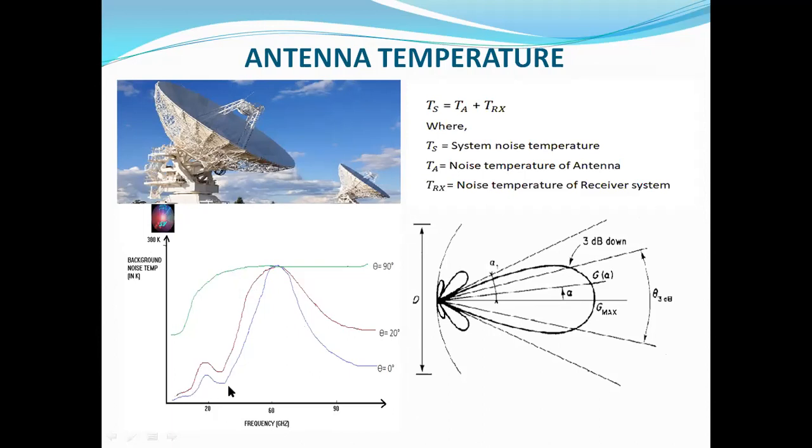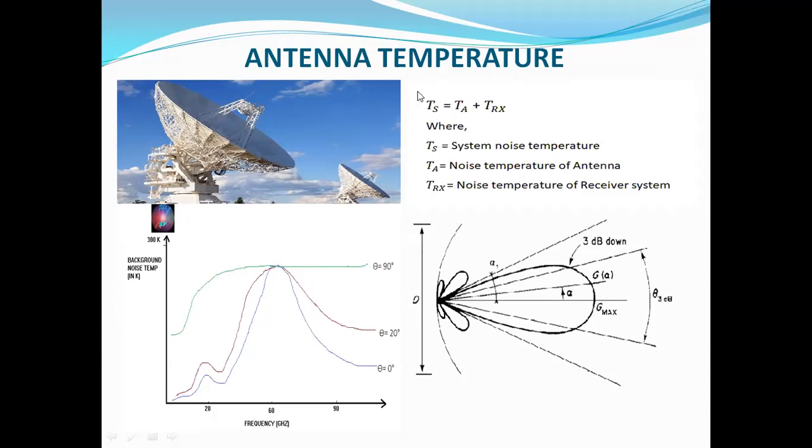As you can see, if theta is 0 degree, background noise with the frequency in gigahertz varies like this blue curve. If theta is equal to 20 degree, it varies like this. If theta is 90 degree, that means exactly rotated 90 degrees with respect to the satellite, then we'll have more background noise as well. This is because of the interfering atmosphere, cosmic noise, and galactic noise.